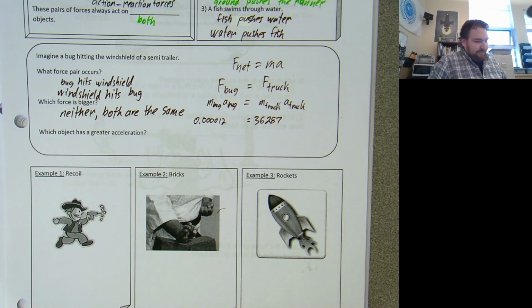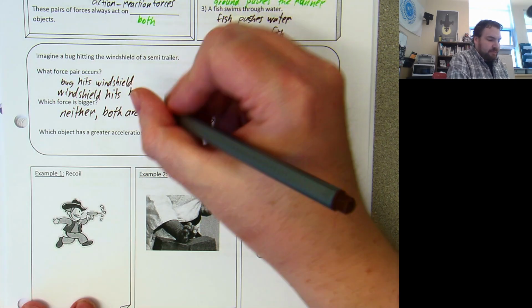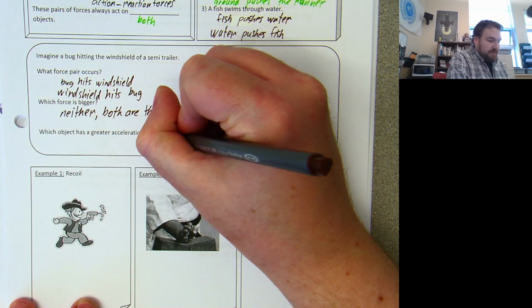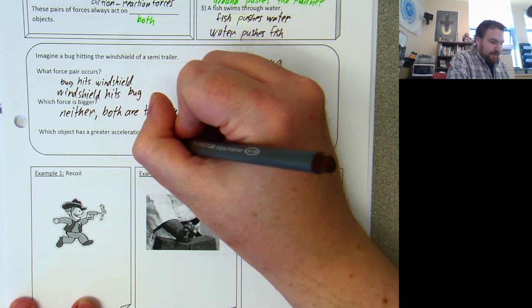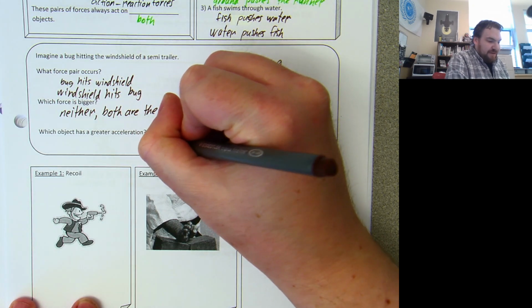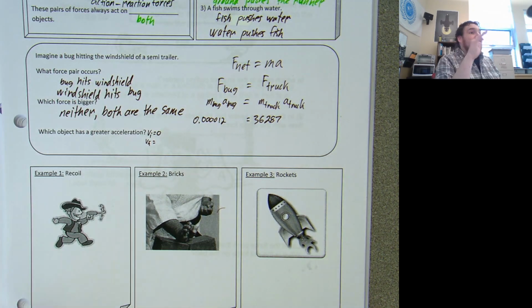Now, let's figure out what the acceleration is on the bug. Let's say the fly was stationary in the air. Vi is 0. For Vf, let's say that the semi-truck driver was doing something semi-truck drivers never do. Let's assume he was driving the speed limit.